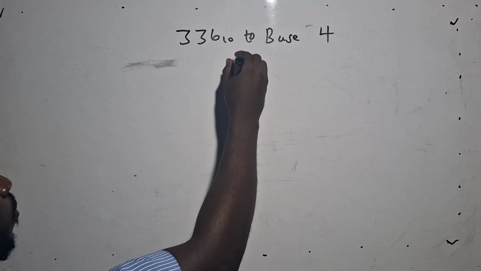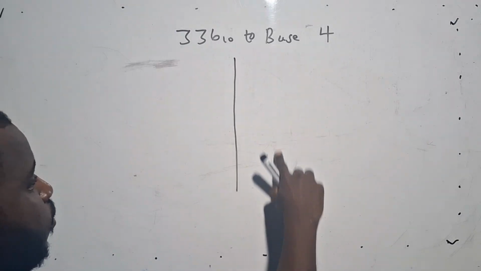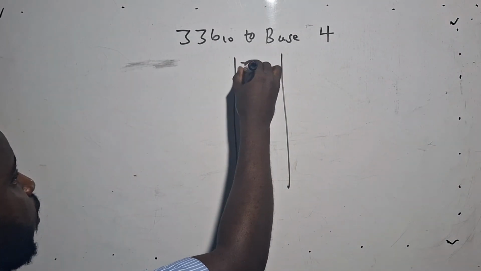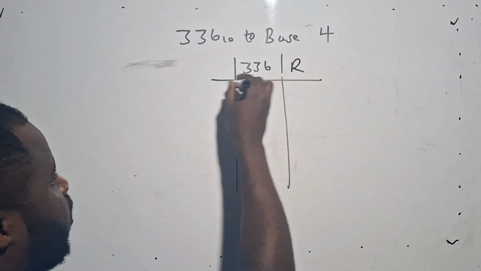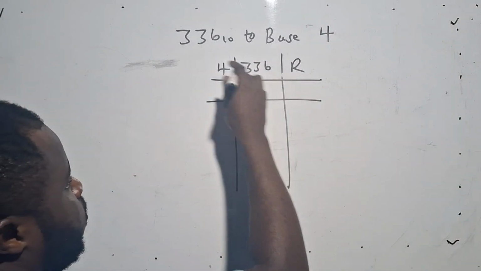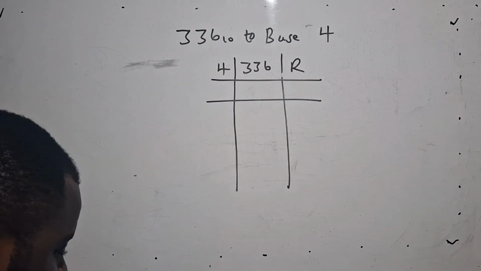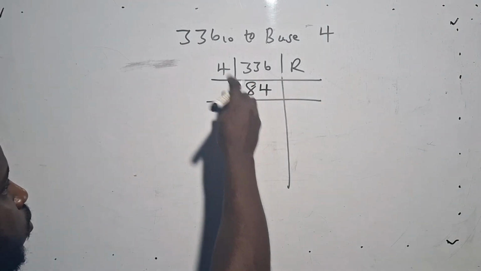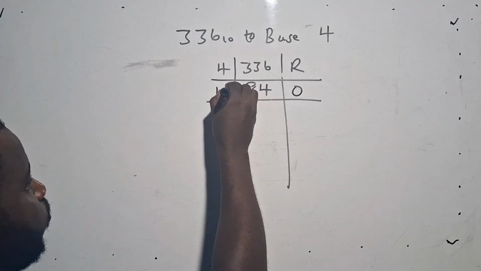So with the table here, 336, then I remember 4 as the base we are using to divide. So 336 divided by 4 will give me exactly 84. 4 times 84 will give me 336, so remainder 0.